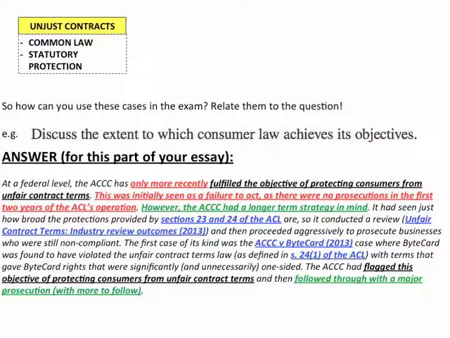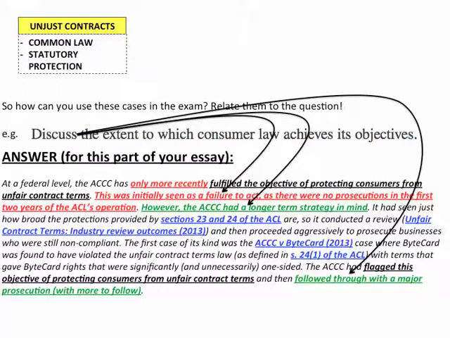Now, the next paragraph here, you can see there's red and there's green, because this is where we're discussing. So discuss a bad thing, discuss a good thing, discuss another good thing. You need to have points for and against. So you could say the federal ACCC has only more recently, which is not a good thing, fulfilled the objective of protecting consumers from unfair contract terms.